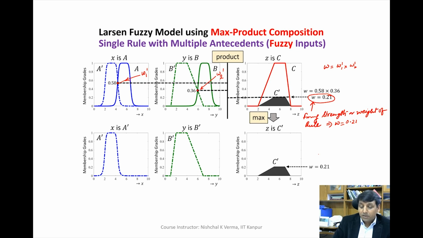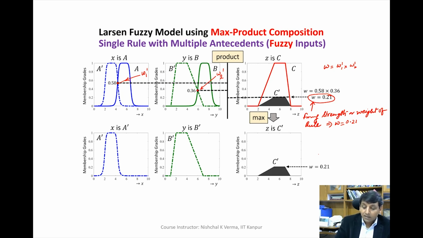Here we have got 0.21 because we have multiplied the two points of intersections, these values. So this is less than the previous case where we used max min composition. So please note this.